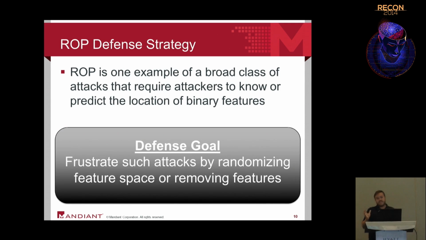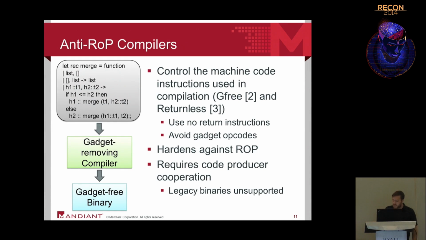ROP is a thing where you have to know where your feature set is so that you can craft your attack. So as a defense strategy, we need to be able to either randomize that feature set, or remove that feature set. That's the general mitigation approach that we wanted to take. There's a lot of solutions out there for this already.